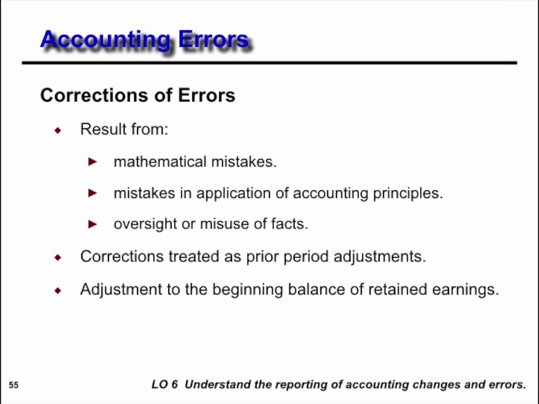Errors that affect both the income statement and the balance sheet can be classified as counterbalancing or non-counterbalancing. Counterbalancing errors are automatically corrected in the next accounting period as a natural part of the accounting process.